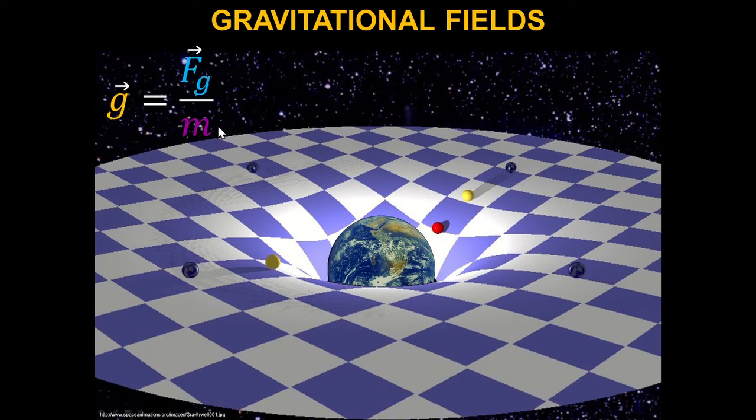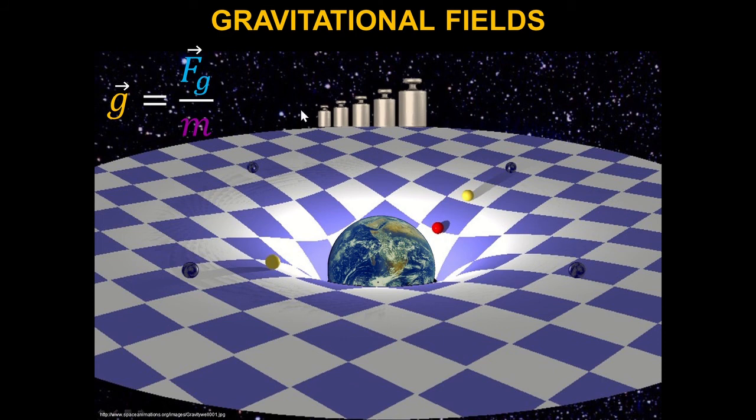So this is the equation we're using to calculate the gravitational field, a way of describing that. To calculate the gravitational field, it's just how much gravitational force there is per mass. Well, force divided by mass is acceleration. The strength of the gravitational field is the acceleration of gravity.